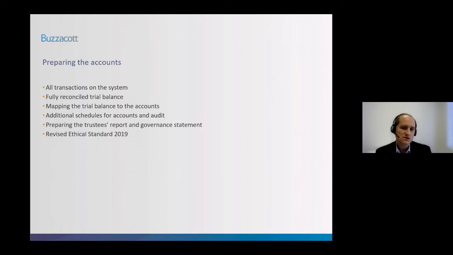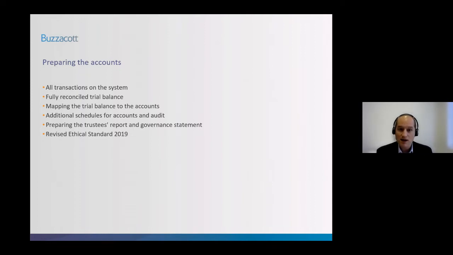One key point to mention around the preparation of the accounts, some Academy trusts will prepare their accounts in-house, some will do it with support of their auditors. You may remember that the revised ethical standard 2019 came in a couple of years ago, and one of the impacts of that was that external audit and internal audit couldn't be done by the same firm, but there were other implications as well for things like accounts preparation.